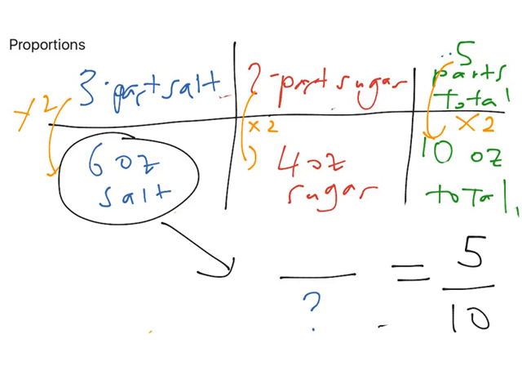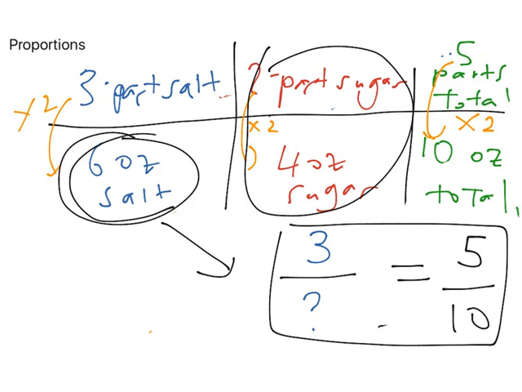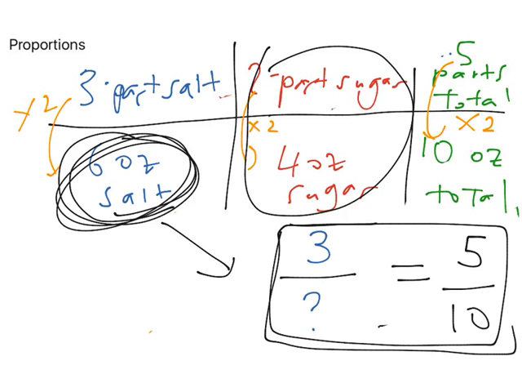And we know it's 3 parts salt. So that's the equation. We didn't need this part. We can set up an equation for this one if we want, but since we're looking for the salt, all we need is this equation. This time we can recognize that we multiply by 2, and that's why the answer is 6.